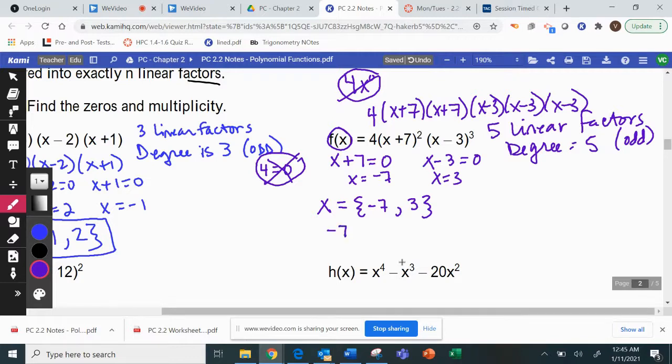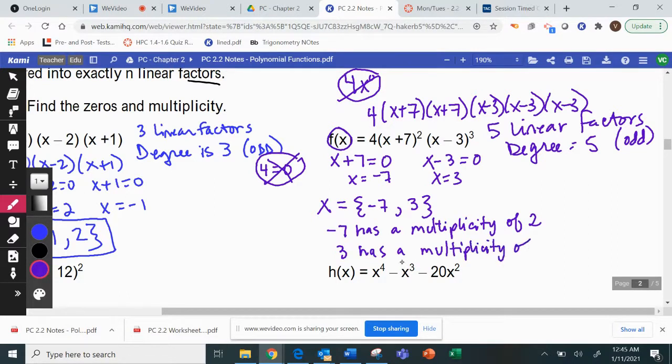So -7 has a multiplicity of 2. And 3 has a multiplicity of 3, because that factor happened 3 times.